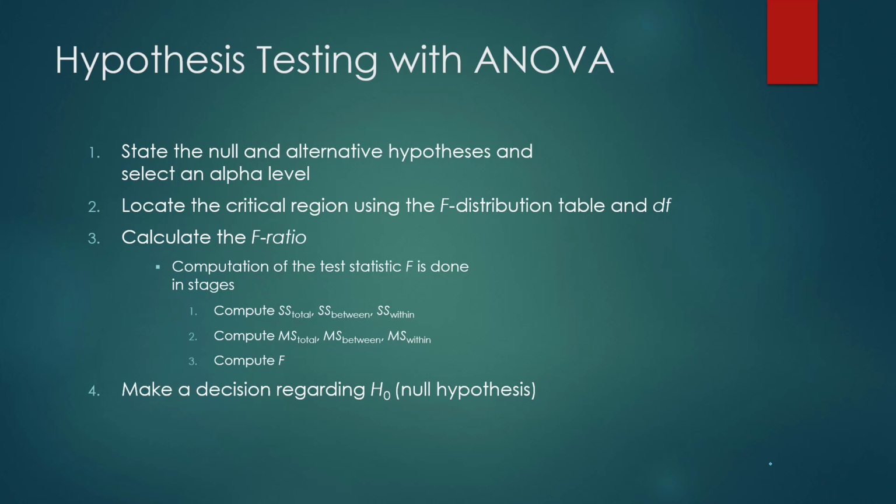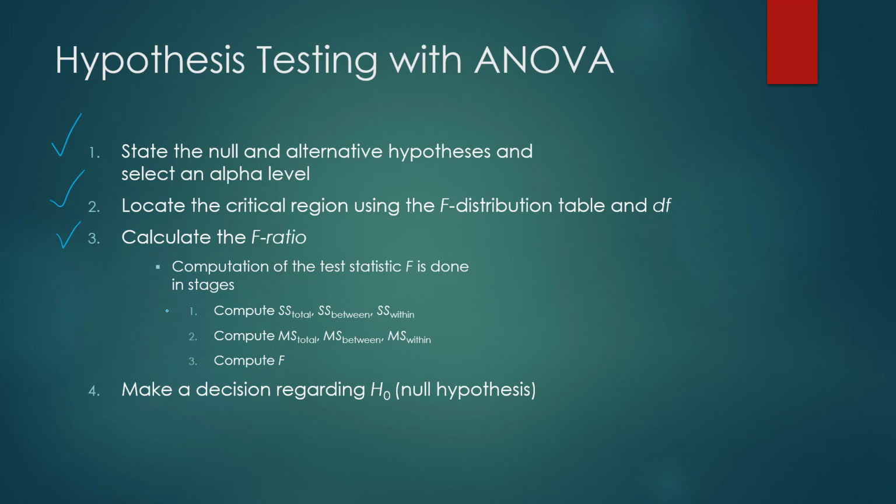So hypothesis testing with ANOVA is similar to the other hypothesis tests we've done. First, you're going to state the null hypothesis and alternative hypothesis, which we've done in previous videos. We just showed how to locate the critical region using the F distribution table and degrees of freedom. We then calculate the F ratio, which is done in stages.